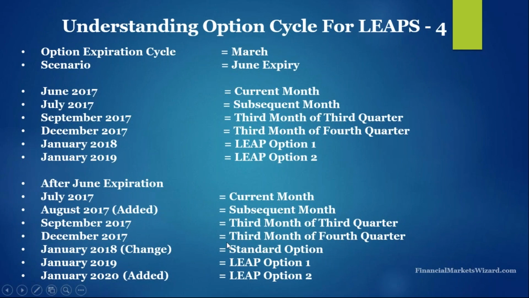So they convert it into a standard option and add January 2020. And they are adding August 2017 because of the subsequent month requirement once June has expired.